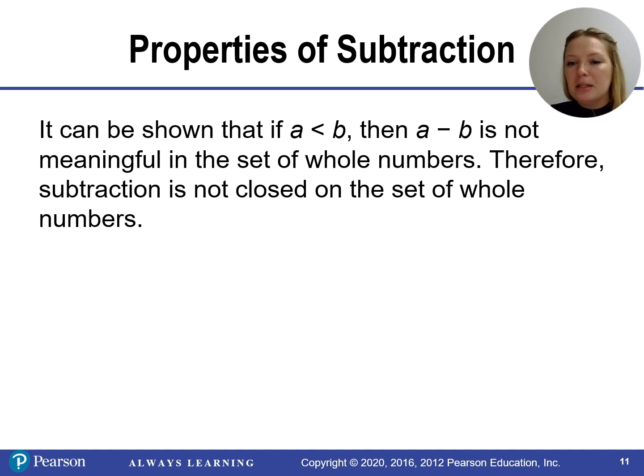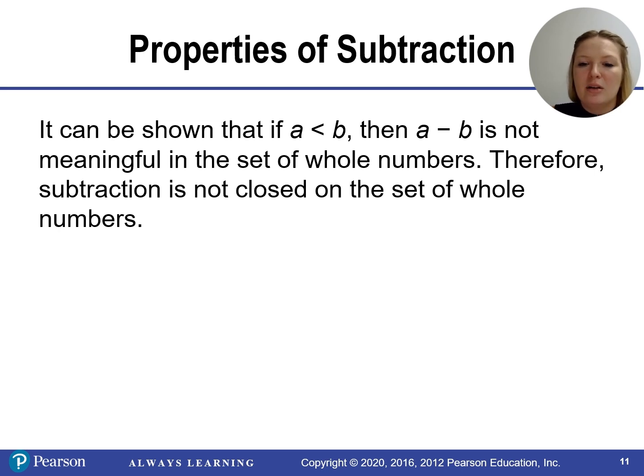We have properties of subtraction similar to those of addition. However, we have to be careful because a lot of things change when we start subtracting instead of adding. If A is less than B, then A minus B is not meaningful in the set of whole numbers, because we would have to have a negative value if we take away a set that's larger from a set that's smaller.